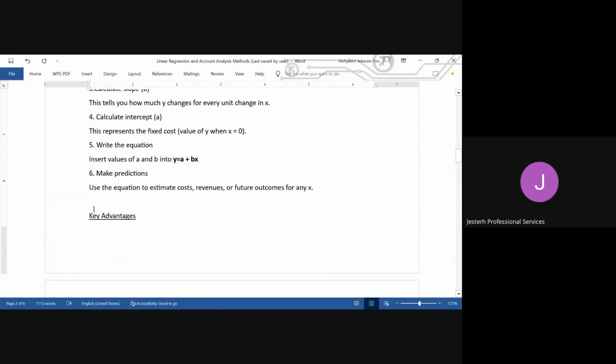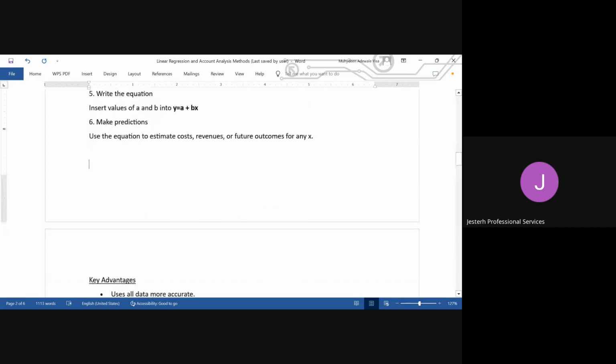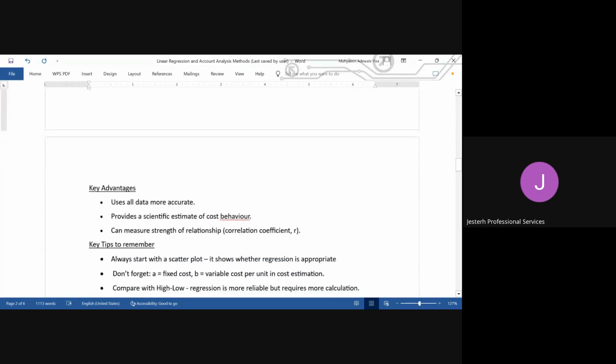Now, the key advantages: we use all the information, all the data we have. All the data has to be accurate. It is more accurate. I said earlier that the high-low method is less accurate, but in this one, it is using all the provided information.